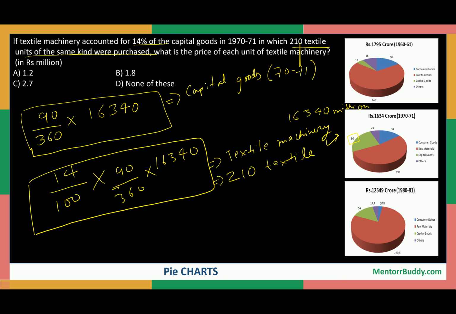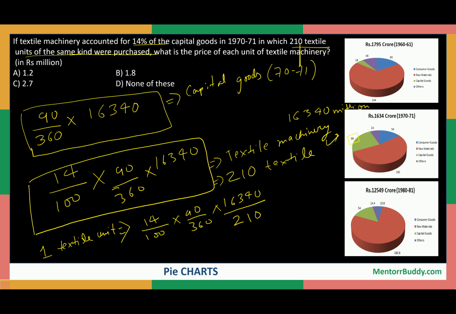So one textile unit will be equal to 14 upon 100 multiplied by 90 by 360 multiplied by 16340, and we need to divide this whole value by 210.